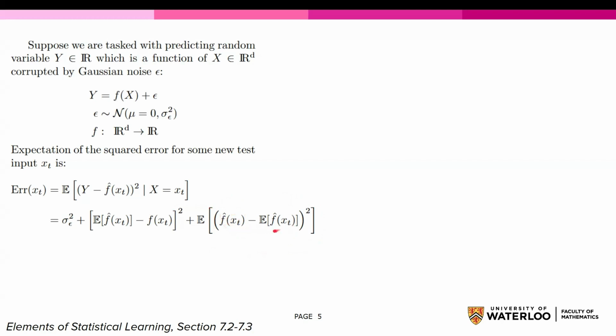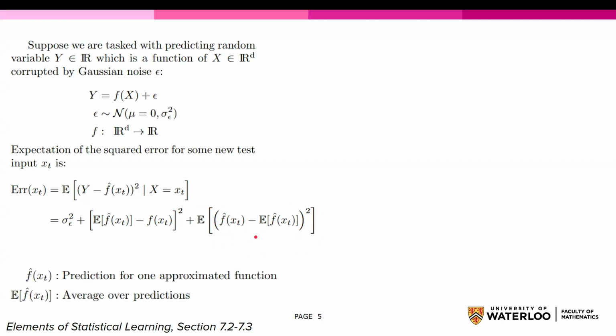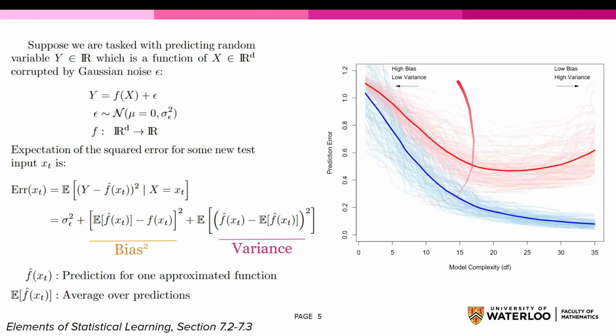So we're interested in how different a particular model is from what the others have tended to do on average. This is precisely the definition of variance. If you have trouble following along, that's the key here. And the figure on the right here illustrates this idea.